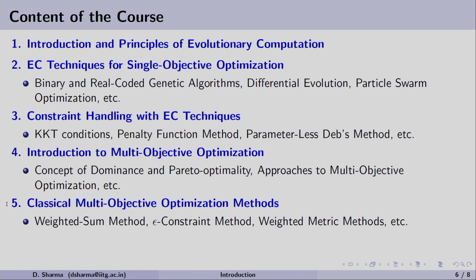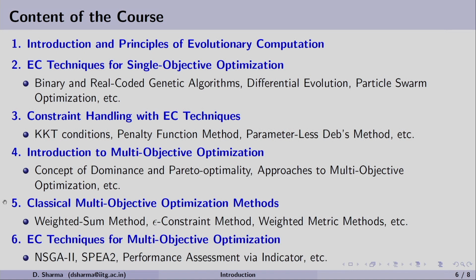Thereafter, we will also discuss some classical multi-objective optimization methods in order to understand how it has been solved using those methods. And finally, we will discuss EC techniques for multi-objective optimization. We will discuss various techniques and some indicators to assess the performance of these multi-objective EC techniques.